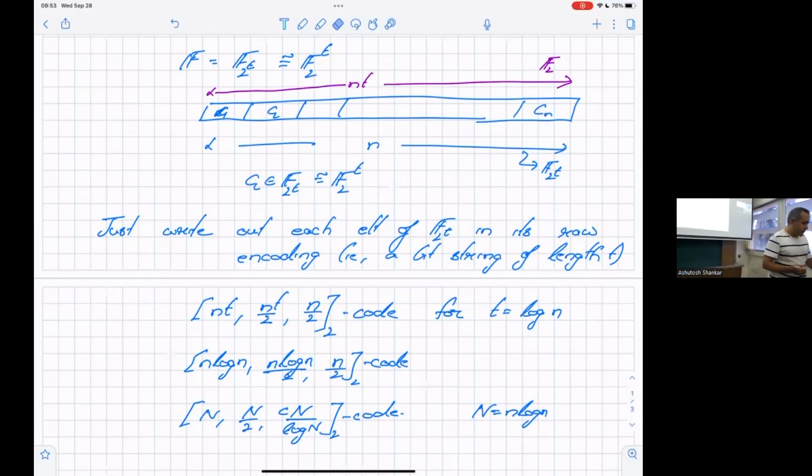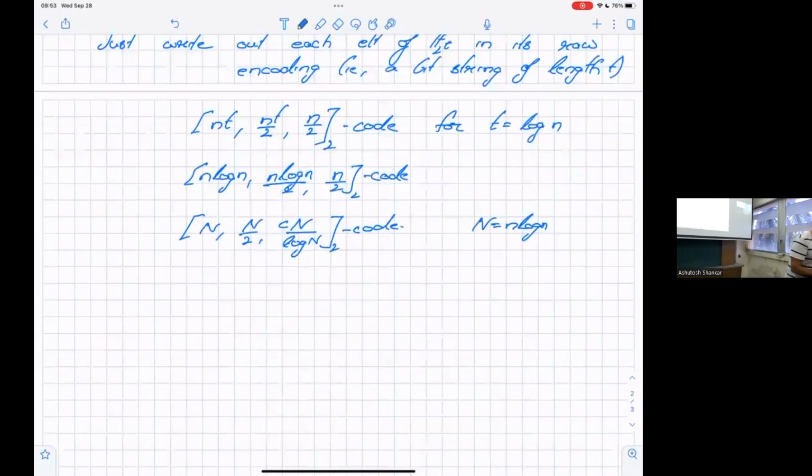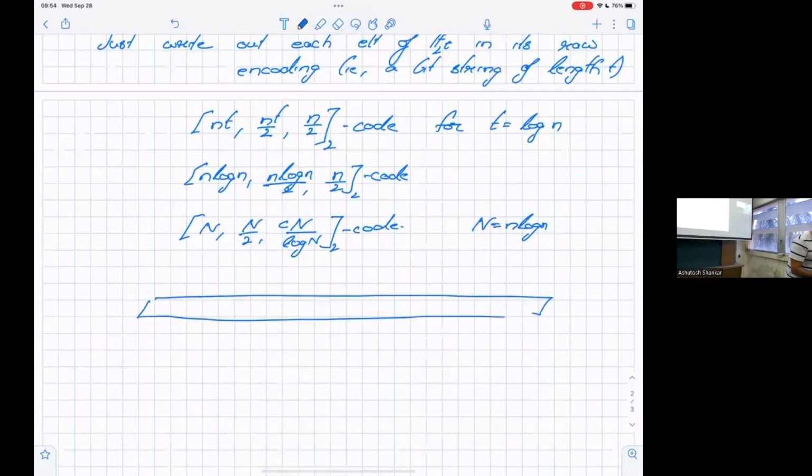For example, let's go back to this picture. Right now I didn't change anything. I had this thing over here. Suppose we had an inner code which took T bits to 2T bits. Right now, we took a thing which took T bits to T bits.